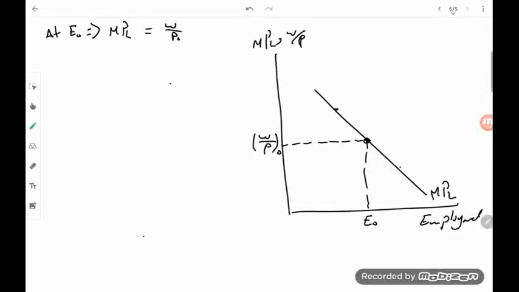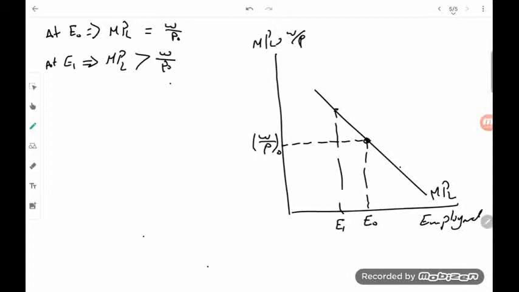What about this level, E1? At E1, marginal productivity of labor is greater than the wage rate that prevails in the market.